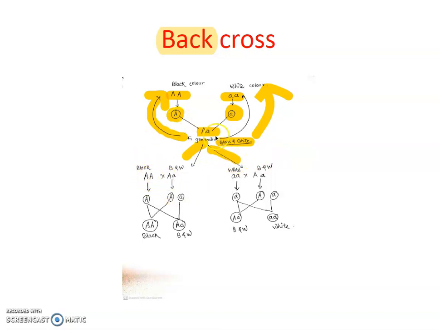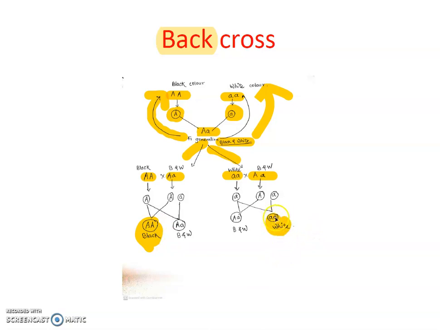If in the back cross, black and white is crossed with black, and black and white is crossed with white, what happens? There is formation of pure black and here formation of pure white.